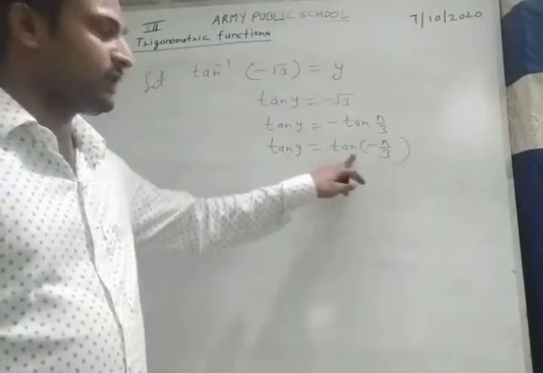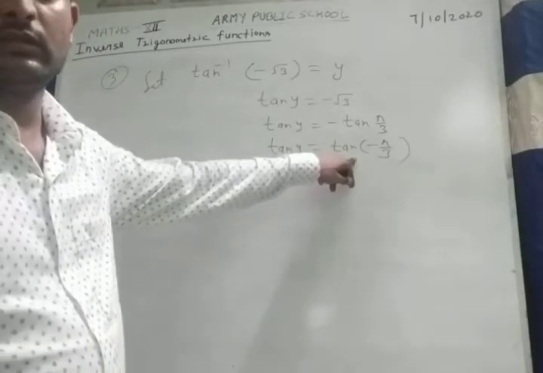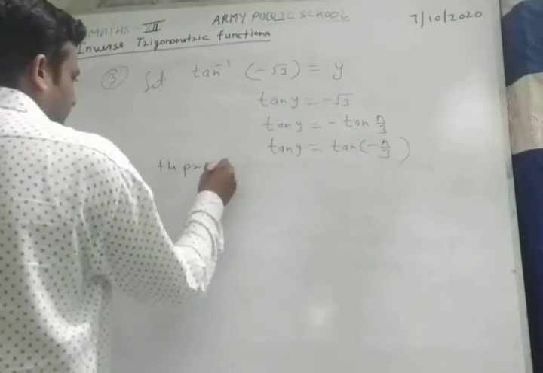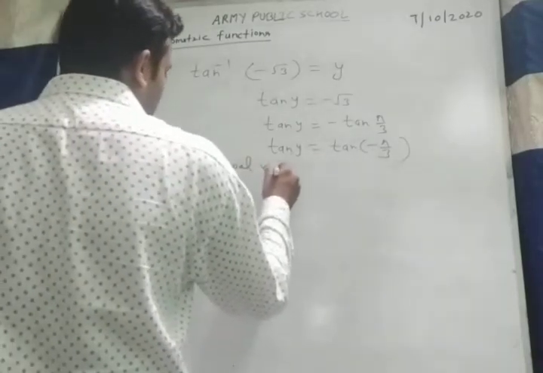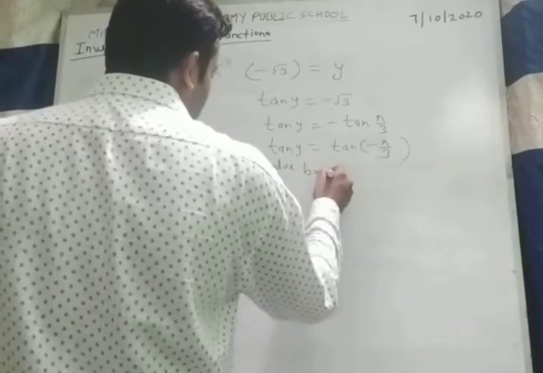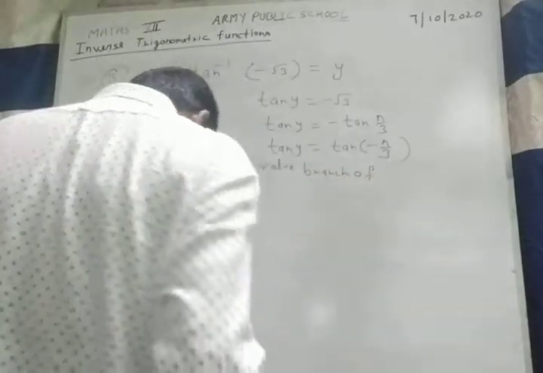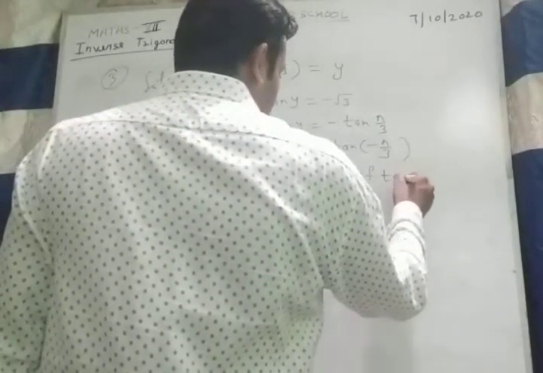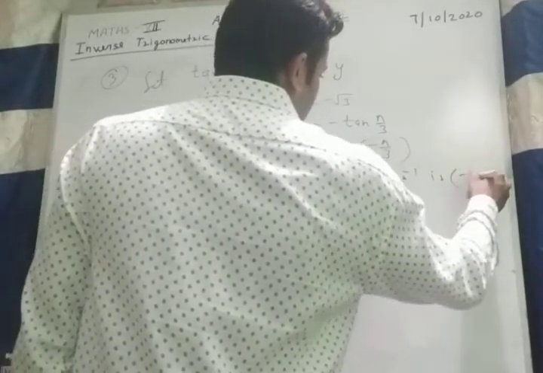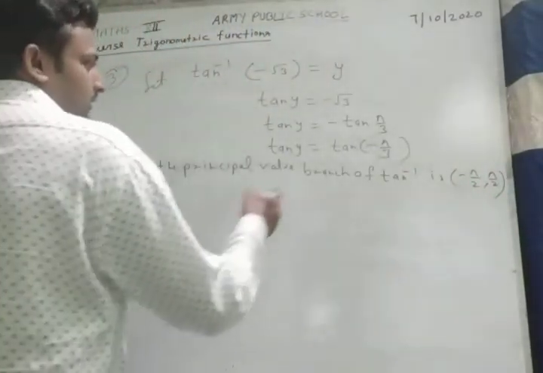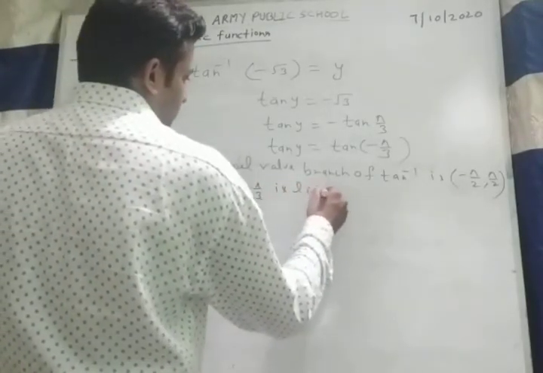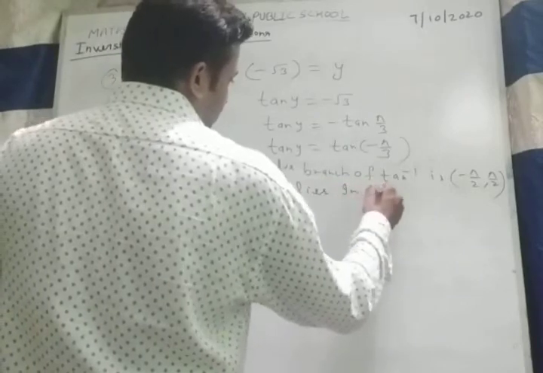Now, does this minus pi by 3 lie in the principal value branch of tan inverse? The principal value branch of tan inverse is minus pi by 2 to pi by 2, and minus pi by 3 lies in it.